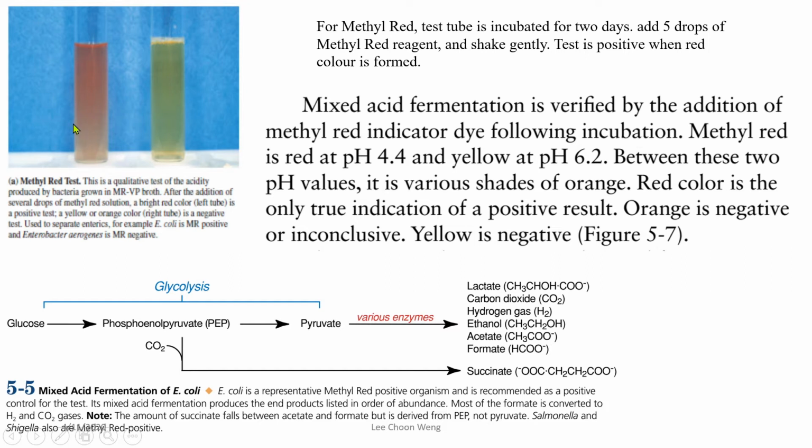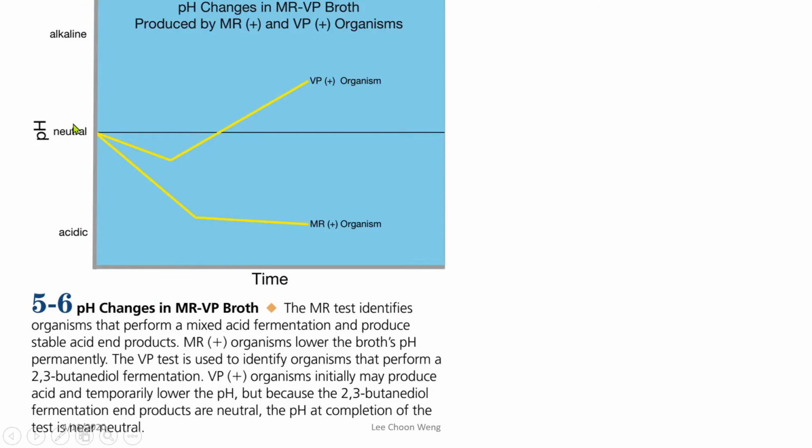So the MRVP test is to see whether they produce a stable acid end product for MR positive, or whether they produce 2,3-butanediol fermentation, which is for VP positive organisms.